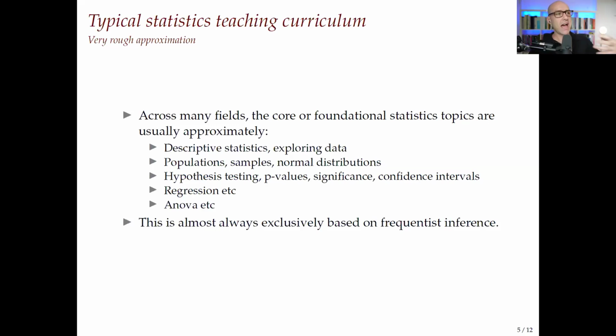And then, having covered all of that general inferential statistics, you explore it usually mostly through regression models, linear regression models, and then ANOVA, which of course are just linear models as well. So various different types of these linear models. I think this is the core, and it's a very rough representation, I apologize, but I think it's the core of statistics as it's taught across many different fields.